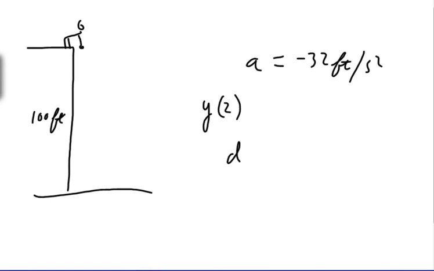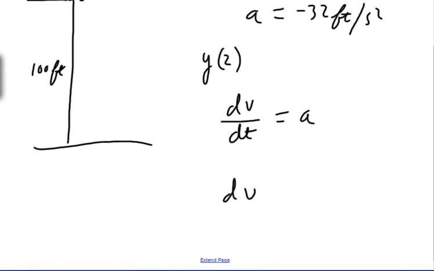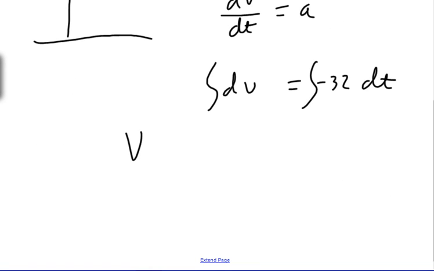Okay, so the derivative of velocity with respect to time has to equal acceleration. So dv has to equal minus 32 dt. I integrate both sides of the equation, and I find that the velocity at time t is equal to minus 32t plus some constant of integration.